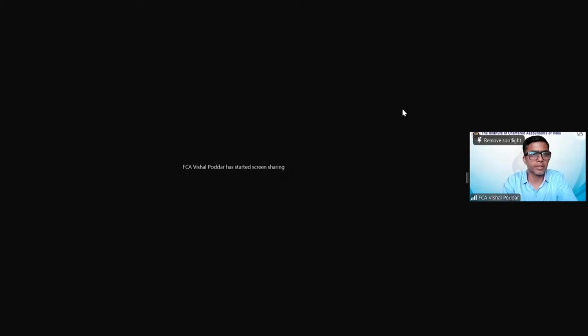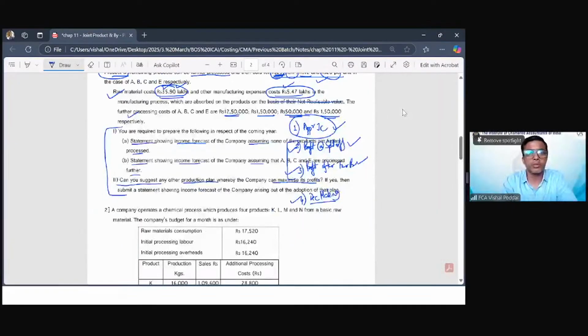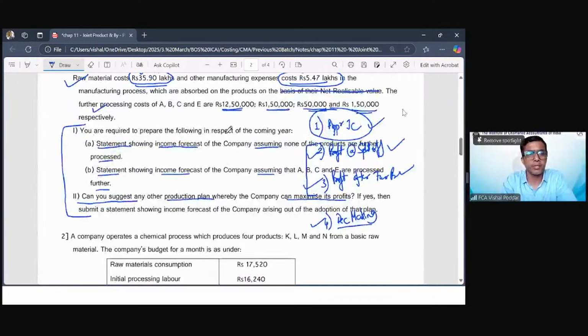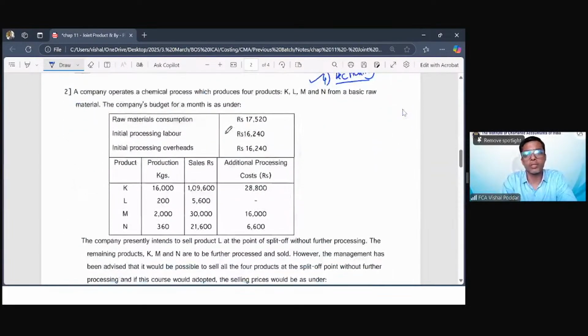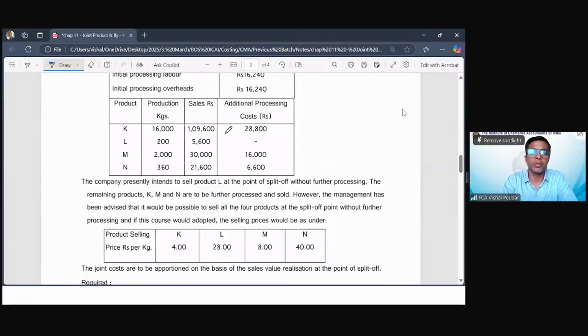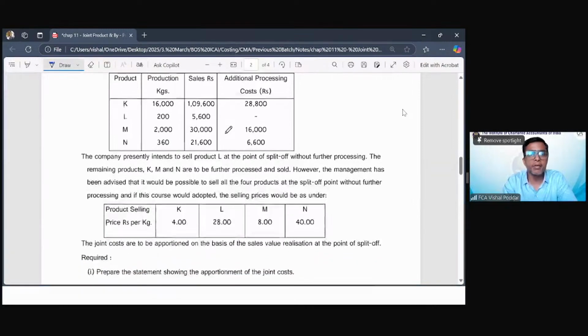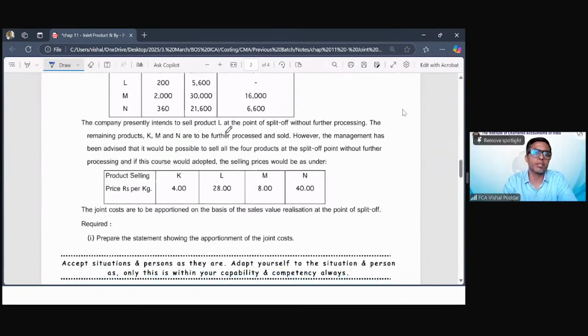Thank you, sir. So students, what you are supposed to do today is, I have solved the first question. Now you have some more questions given here. These questions do not require all the methods. You have to read the question properly and identify which method they are asking you to use.